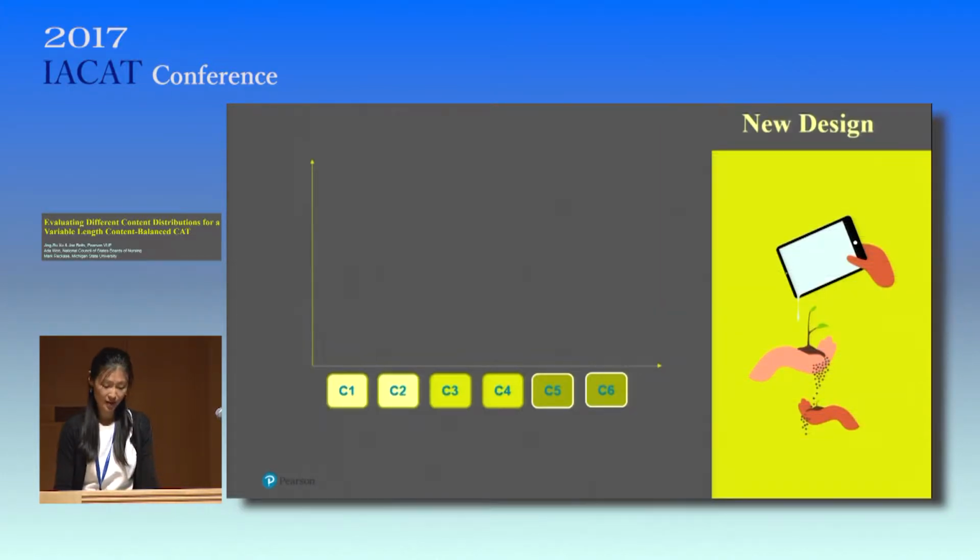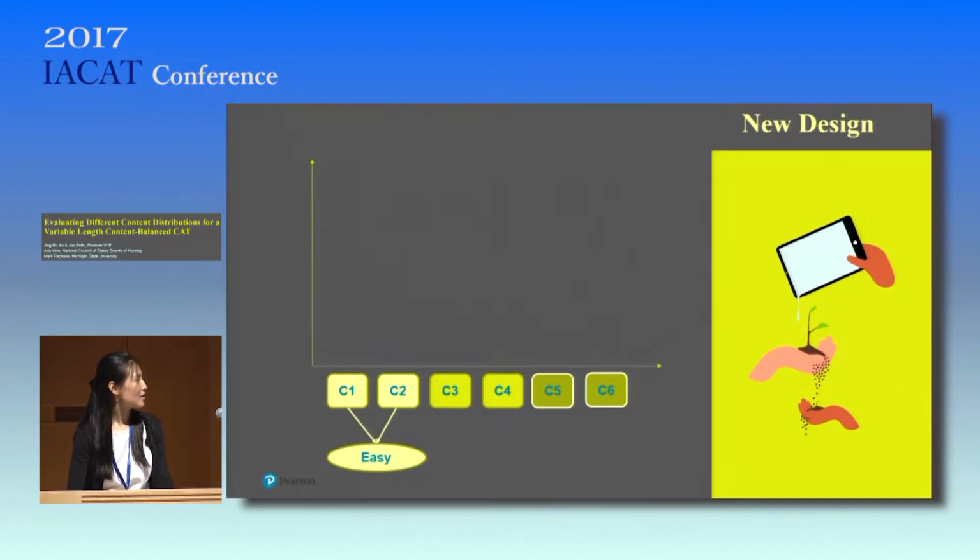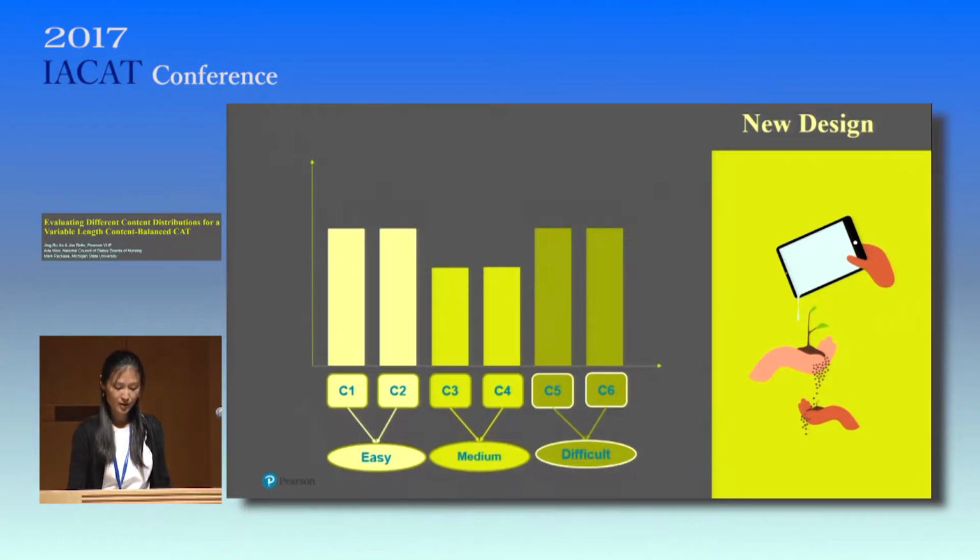So here, still, we have 6 different content areas. The first 2 are easy content areas. The next 2 are medium difficulty content areas. And the last 2 are harder content areas. In the current design, the proportion of items assigned to all the examinees is the same for all content areas.